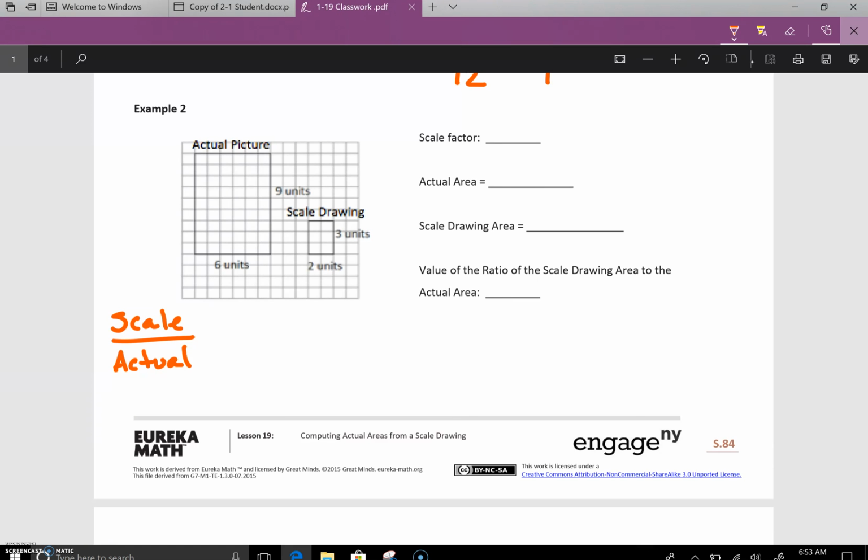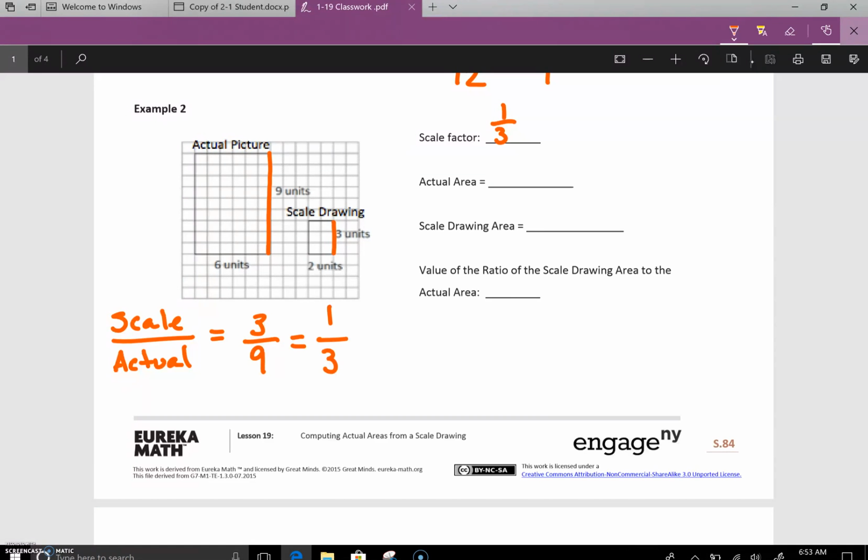Let's do the horizontals or the vertical side this time. On our actual drawing, it's 9 units. On our scale drawing, the corresponding side is 3 units. So we get 3 over 9, which simplifies down to 1 over 3. That's our scale factor, 1/3.